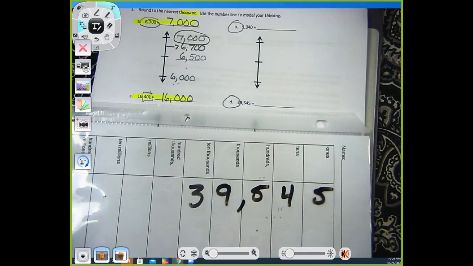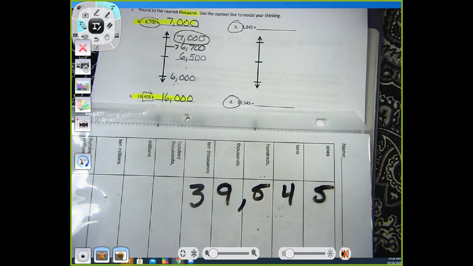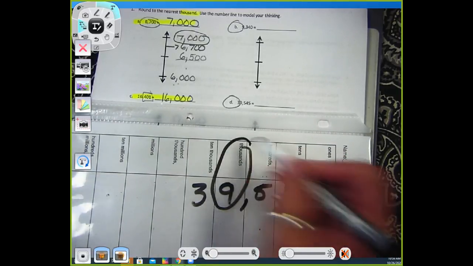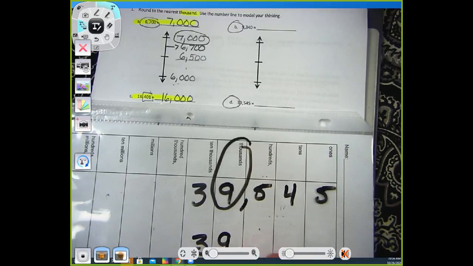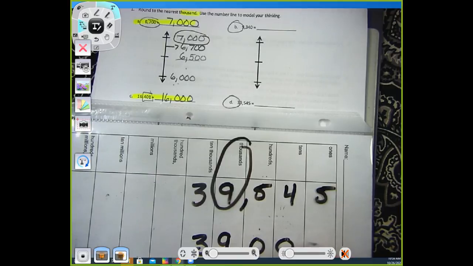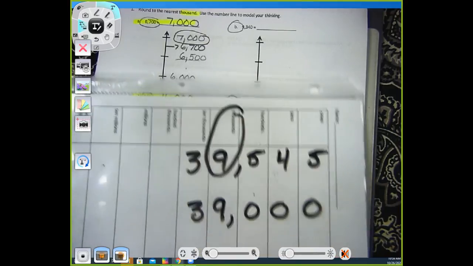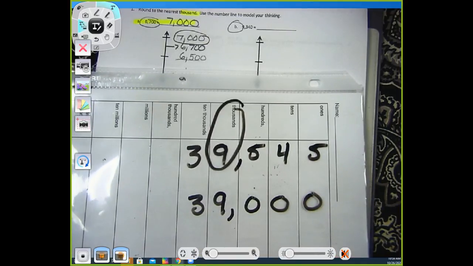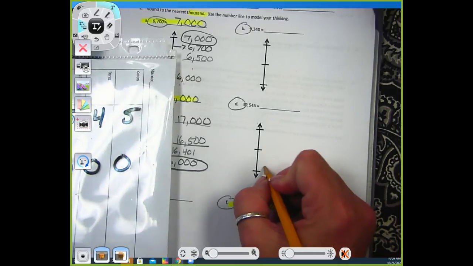What digit is in the thousands place? Laura, what digit is in the thousands place? 9. Yep. So I'm going to keep the 9. All the other digits smaller than the thousands become a 0. And that is my lower endpoint. So I'm going to fill that in right here.